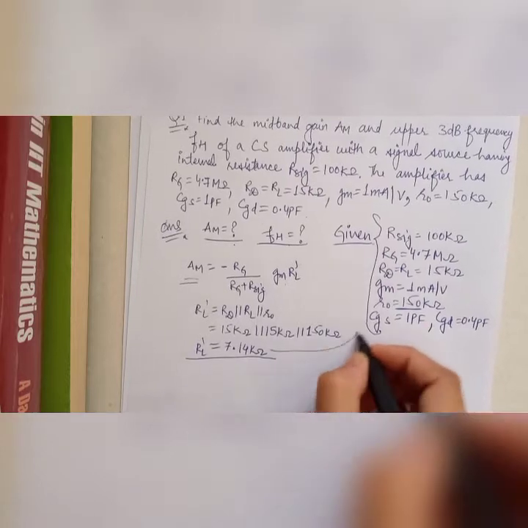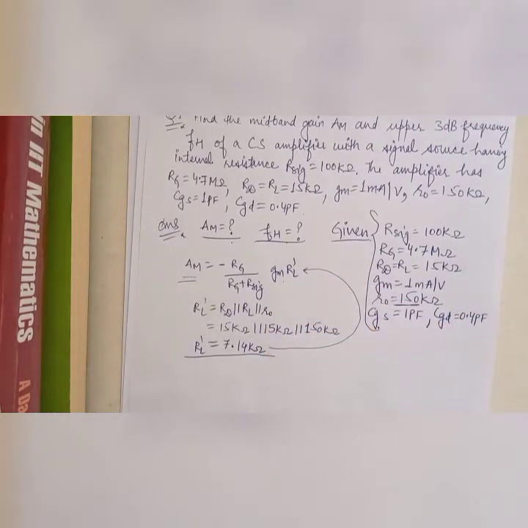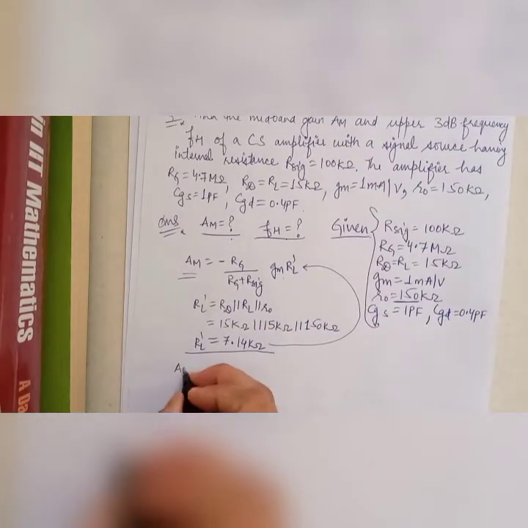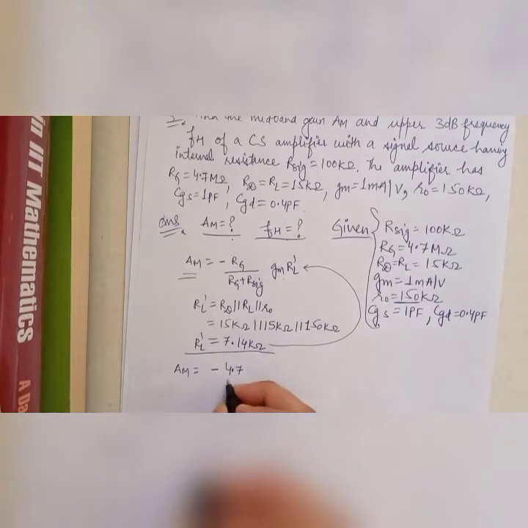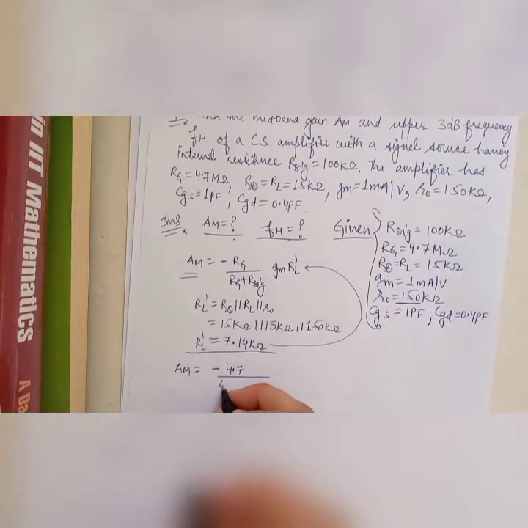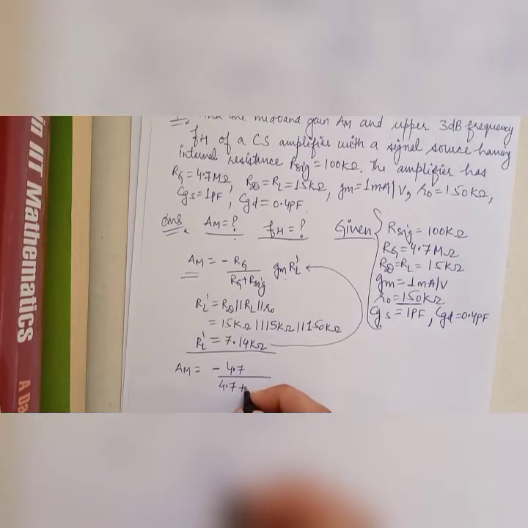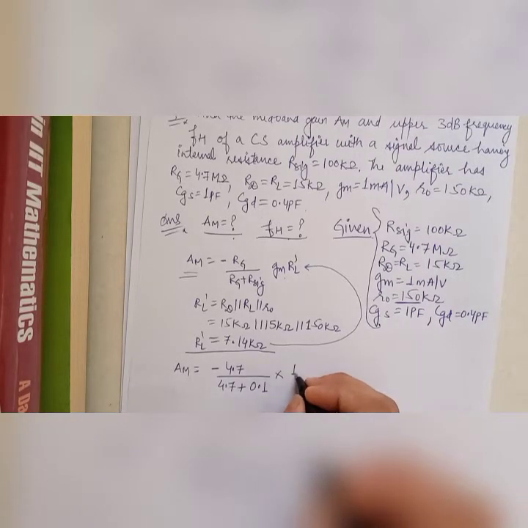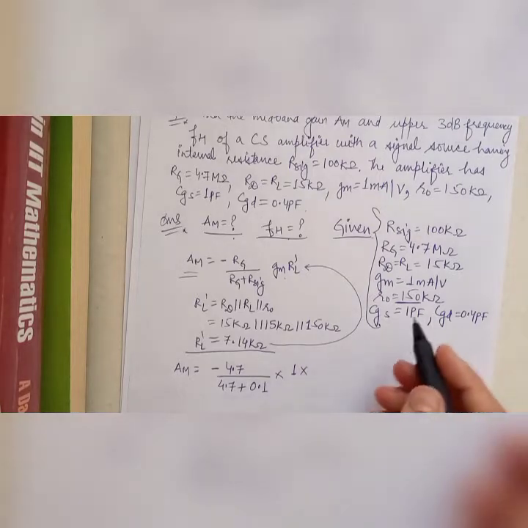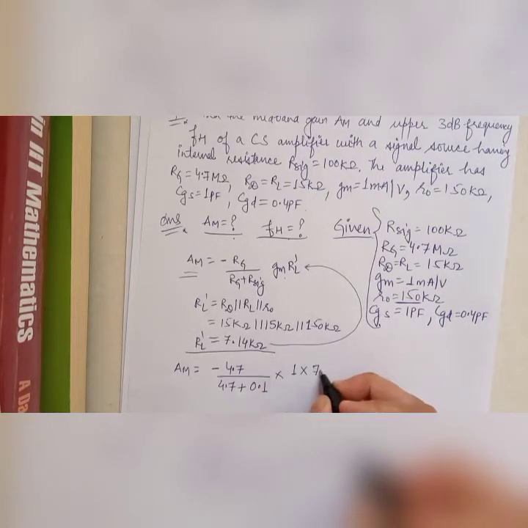This value I will substitute here in this place. So when I substitute, RG is 4.7 mega ohms, unit I am not showing. Again this is 4.7 mega ohm. RSig is how much? 100 kilo ohm. So 100 kilo ohm if I convert to mega, that is nothing but 0.1 mega ohms into GM is given to me 1 milliampere per volt into RL dash is how much? 7.14 kilo ohm.